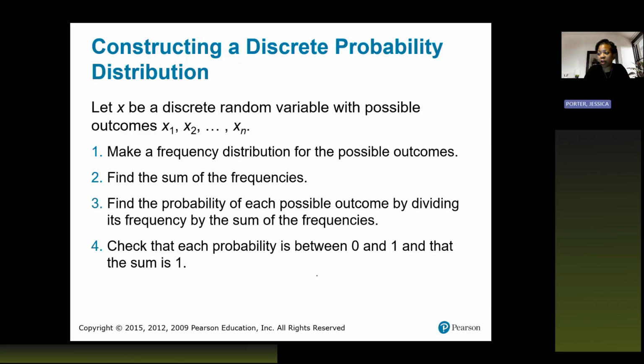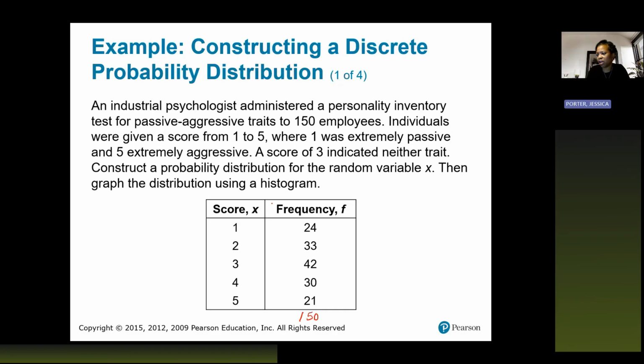The third one, find the probability of each possible outcome by dividing its frequency by the sum of the frequencies. This is on the next page, but just to show you what that step is: 24 divided by 150 here, 33 divided by 150, and so on. 42 divided by 150, 30 divided by 150, and 21 divided by 150.